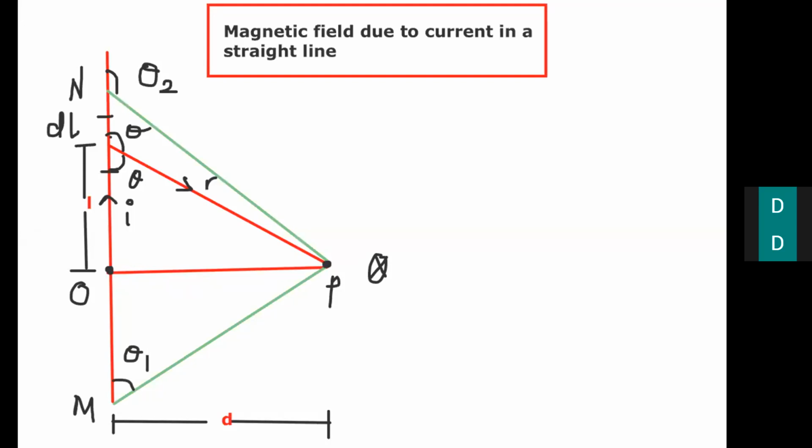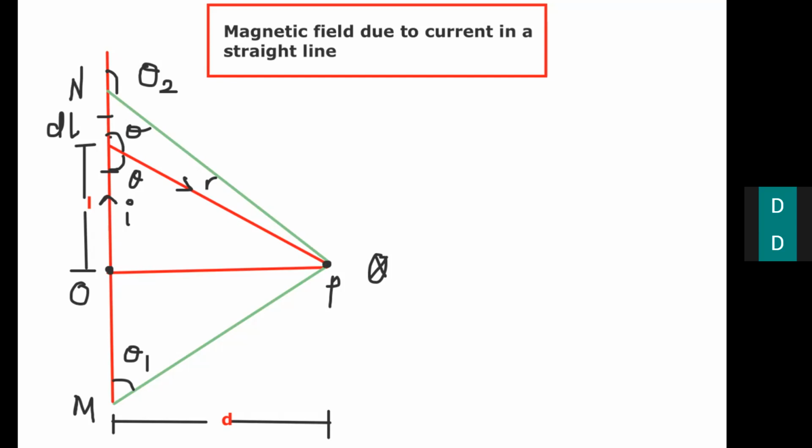I'm interested to know what can be the final expression of the magnetic field at this point P due to the straight wire MN, which is located at distance D. So that is what I'll be discussing in this video.